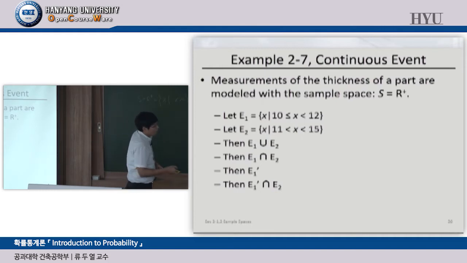And let E1 indicate the thickness is between 10 to 12 millimeters. And let E2 indicate the case of that the thickness of a part is between the 11 and 15 millimeters. Then, what is the union of E1 and E2?